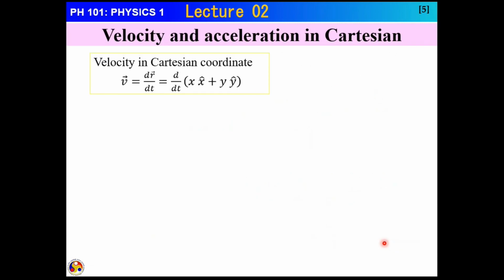Now we are defining the velocity in the Cartesian coordinate system. The velocity is defined as the rate of change of the position vector with respect to time.